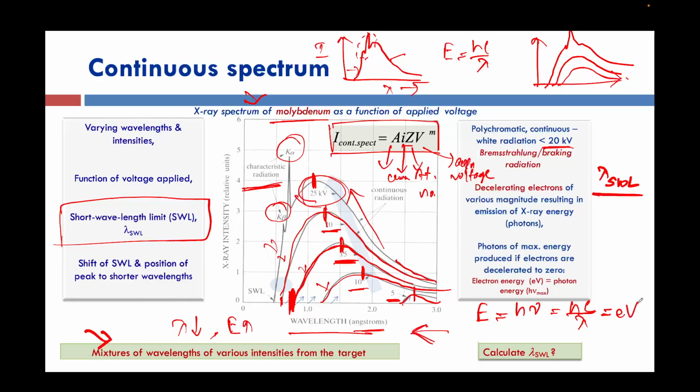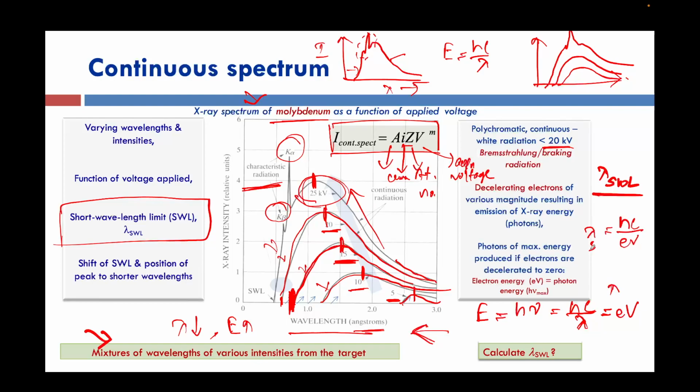We know that when an electron is given an accelerating potential of V, its energy is eV. When I have to calculate this lambda, lambda will be hc by eV.